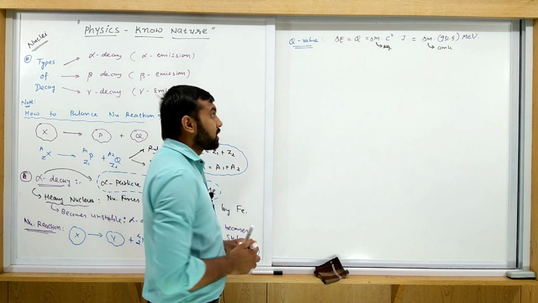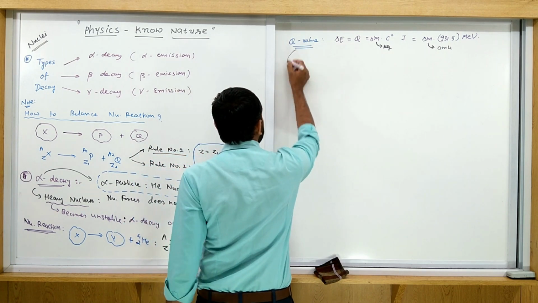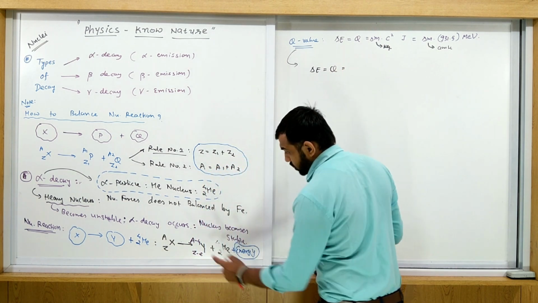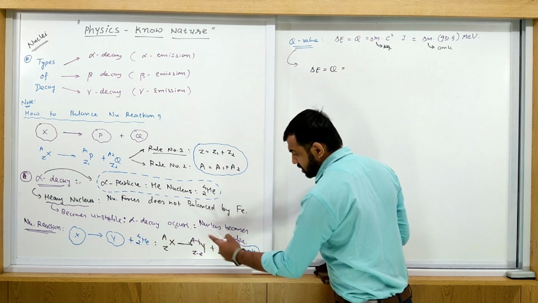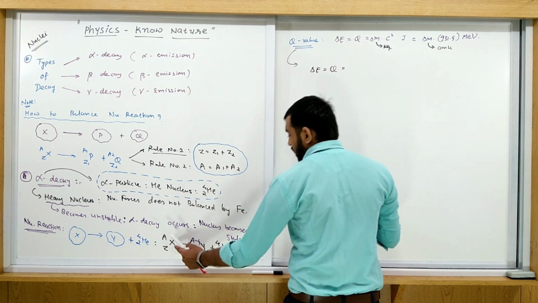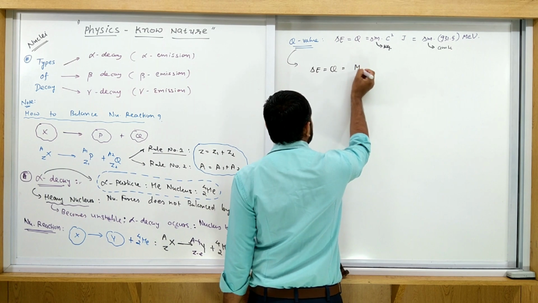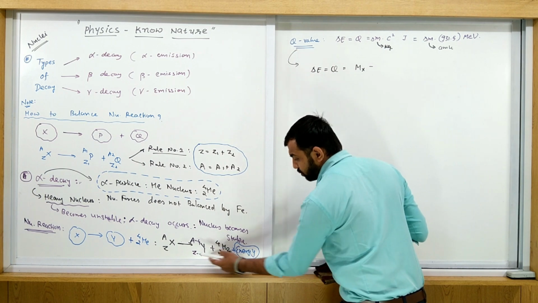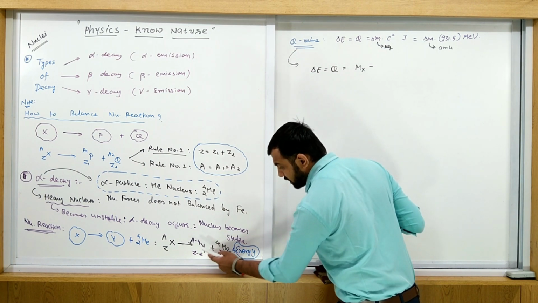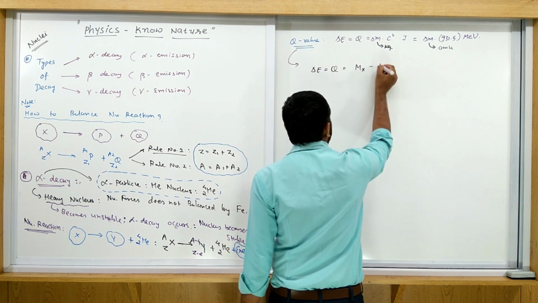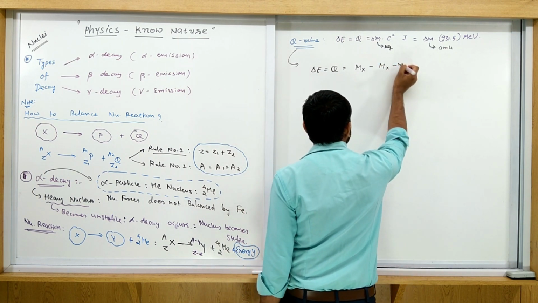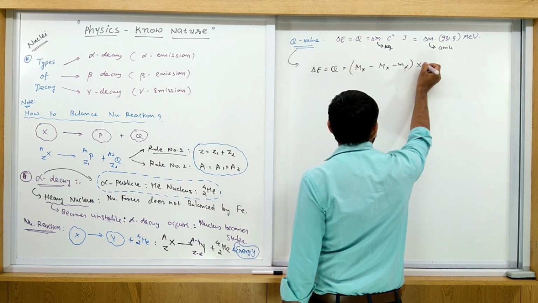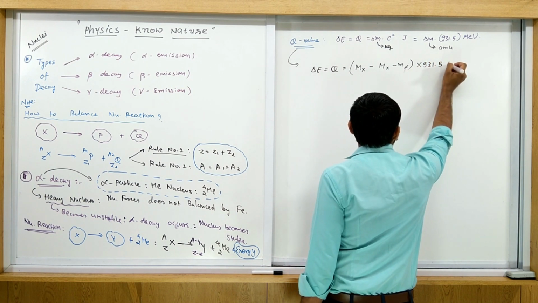Now how do we get this delta M in this equation? Delta M is the total mass on the left hand side minus the total mass on the right hand side. The left hand side total mass is the mass of X. The right hand side is the mass of Y plus the mass of alpha, because both are present here. So delta M is the mass of X minus the mass of Y minus the mass of alpha, and the mass of alpha is generally given to us in a problem, multiplied by 931.5 MeV.